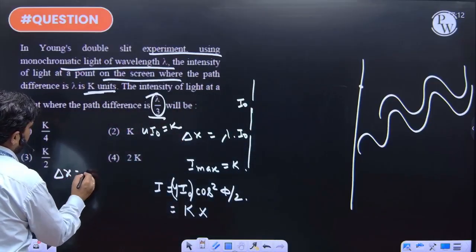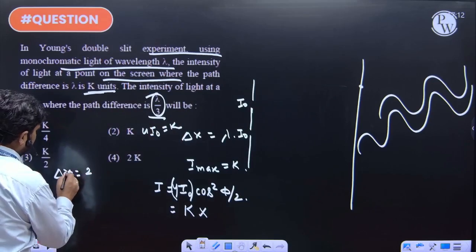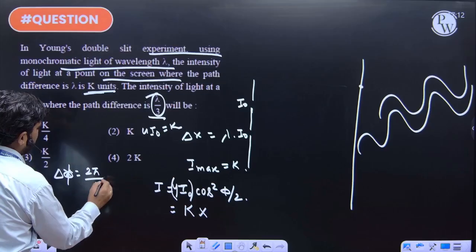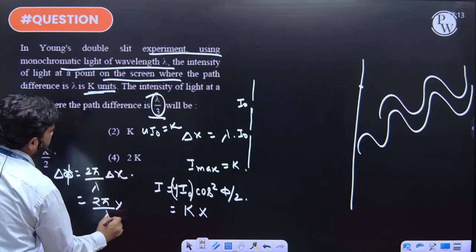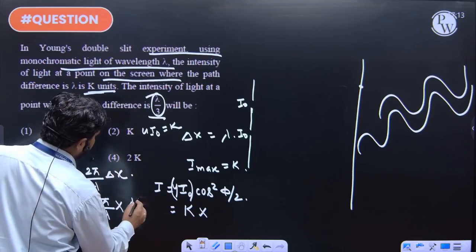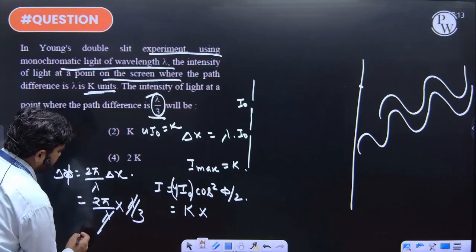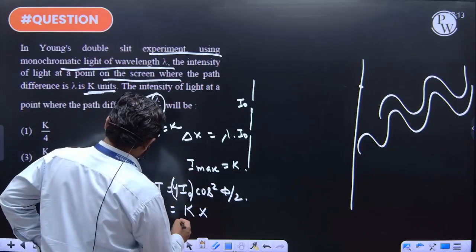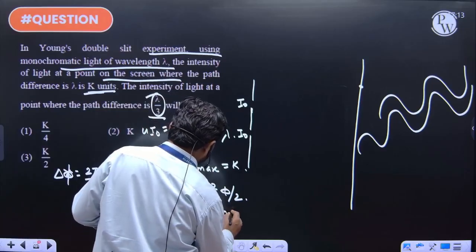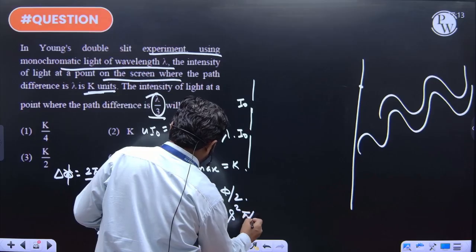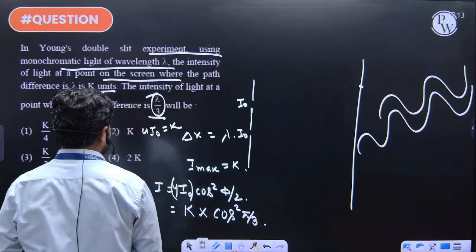So delta phi is equal to 2 pi by lambda into delta x. Put that value, 2 pi by lambda. What is the value of delta x? Lambda by 3. So lambda and lambda will cancel out, 2 pi by 3. So it is cos square pi by 3, the 2 will cancel out.